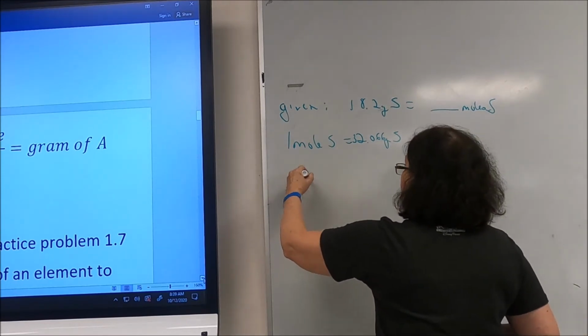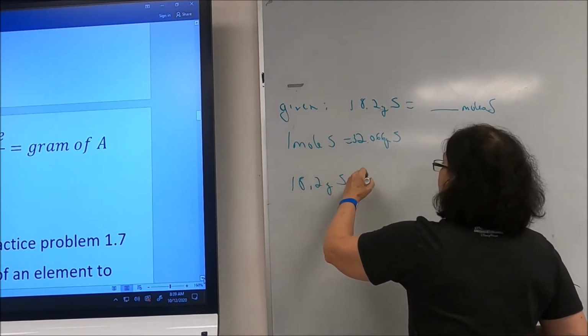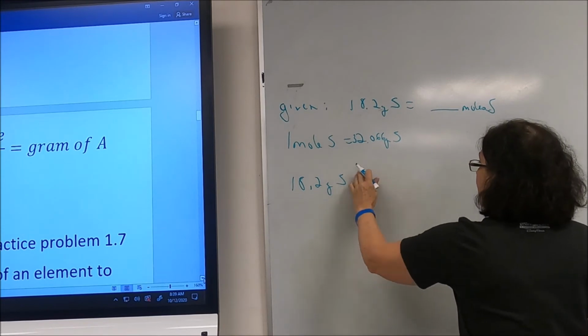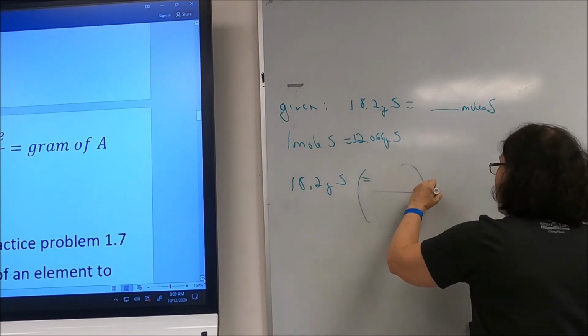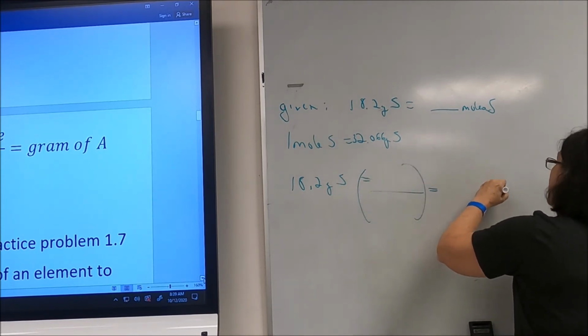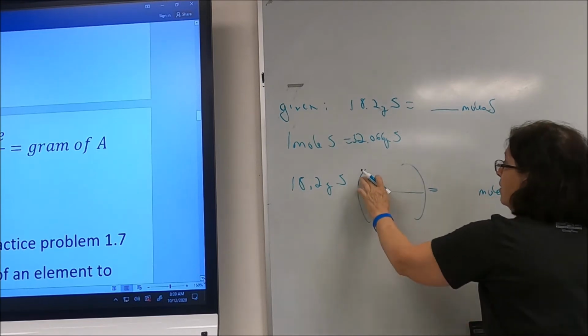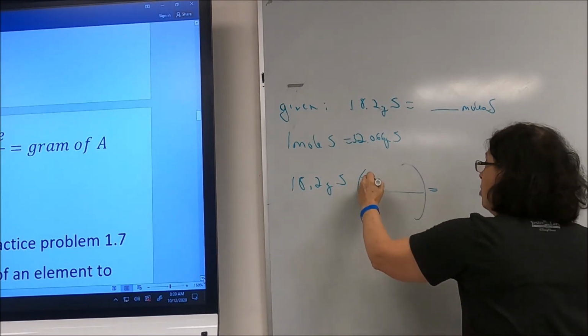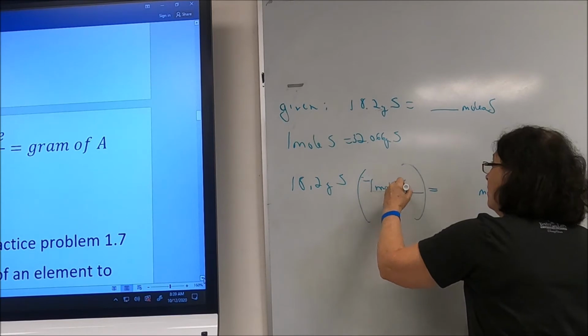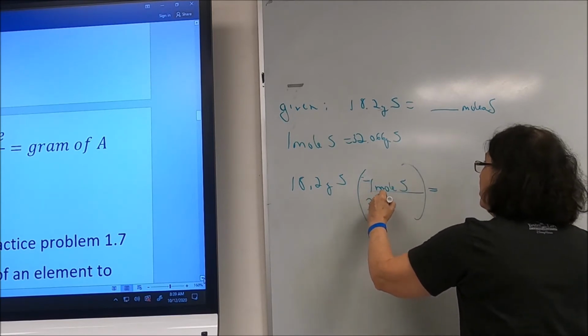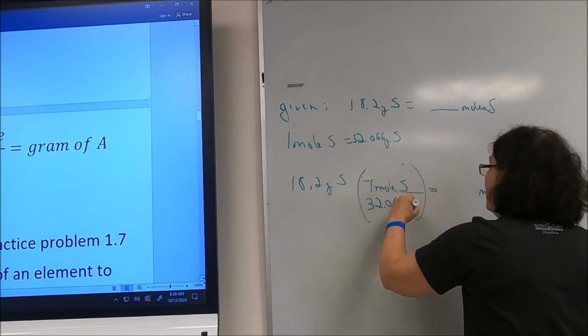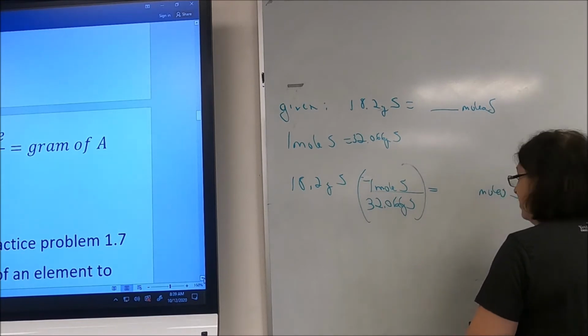So if I go 18.2 grams of sulfur, 1 conversion factor, I'm going to be in moles of sulfur. Now since I want to go to moles, the 1 mole of sulfur goes on top, the 32.066 grams of sulfur goes on bottom.